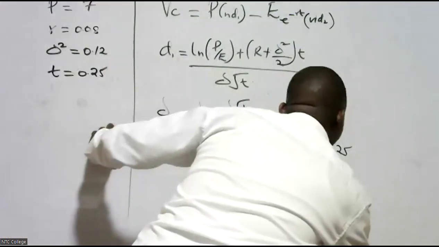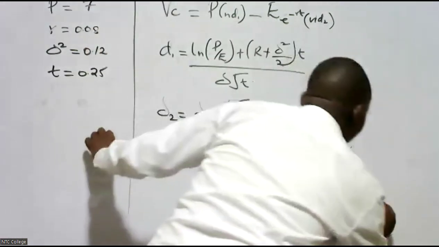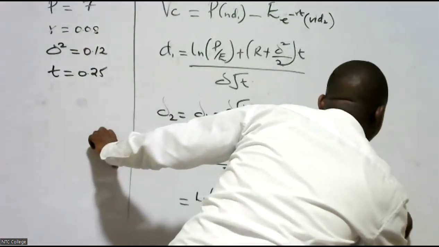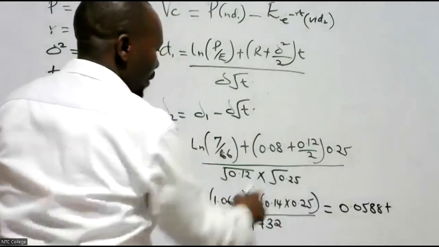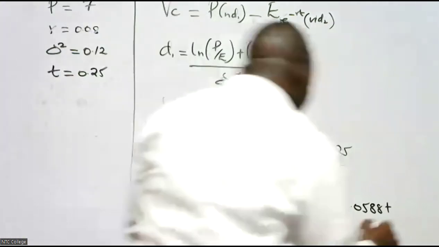So then we are going to have 0.0588 plus hiyo mkimultiply unapata ngapi? So 0.14 times 0.25. What am I seeing? 0.14 times 0.25.